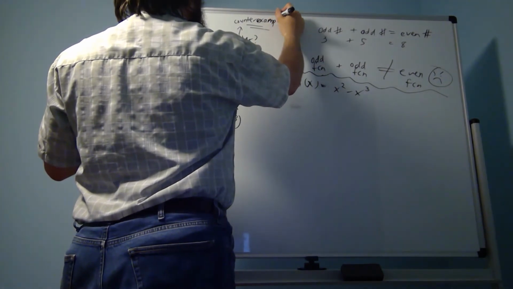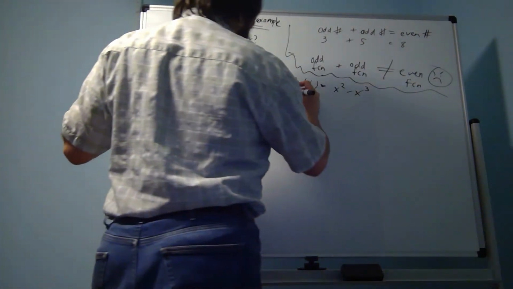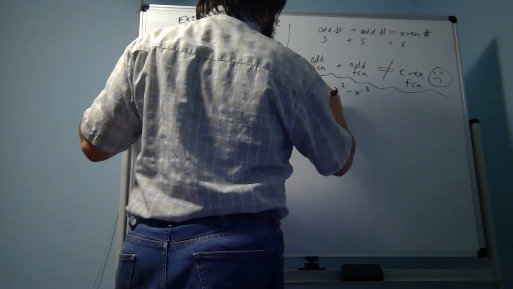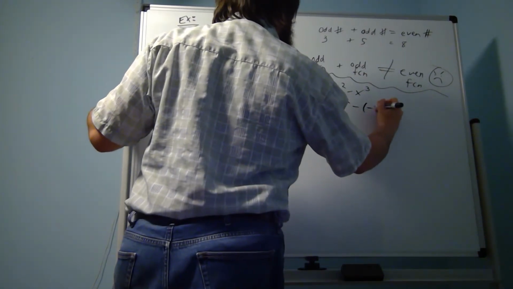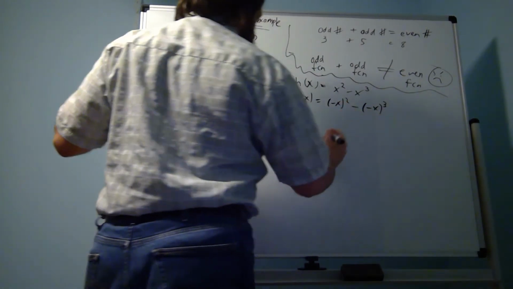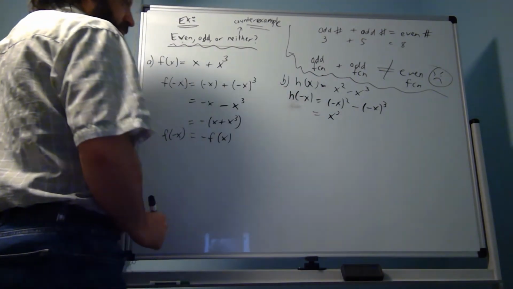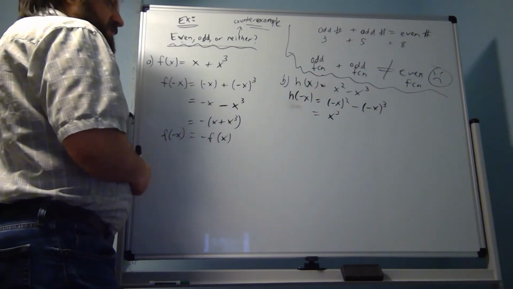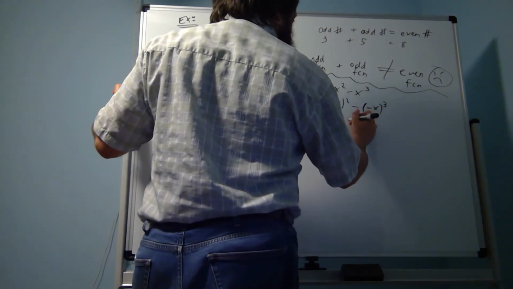There we go. All right, h of minus x is, what do we get? Well, these two have nothing to do with each other. Two different things happen, and it looks like the double negative just gives you plain old x squared again. This one you have minus.